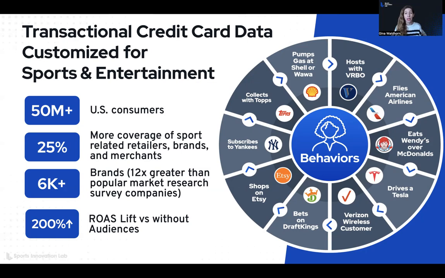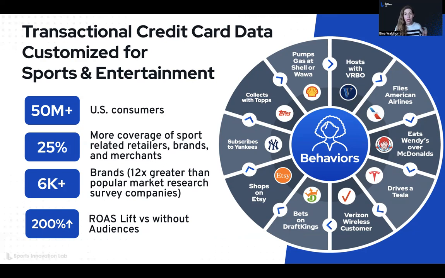We've also spent the last several years customizing a taxonomy and customizing and tagging that transactional data set specifically through the lens of sports and entertainment, which means we have 25% more coverage of sports-related retailers, brands, and merchants than any transactional data set out there.